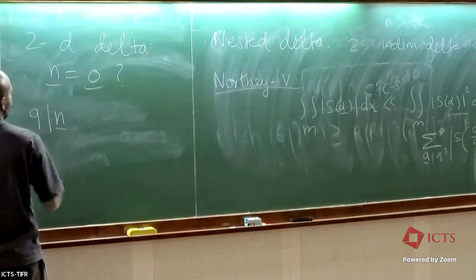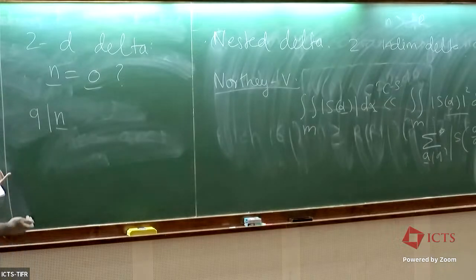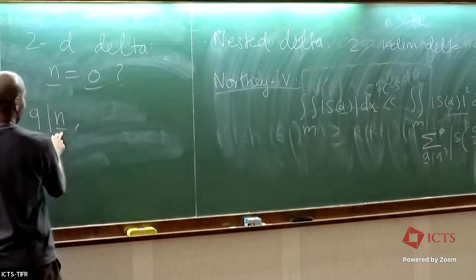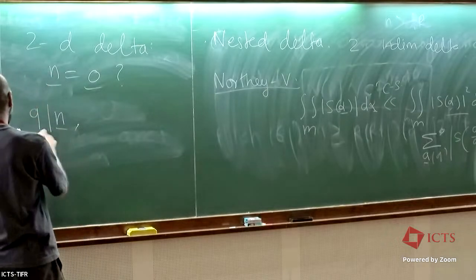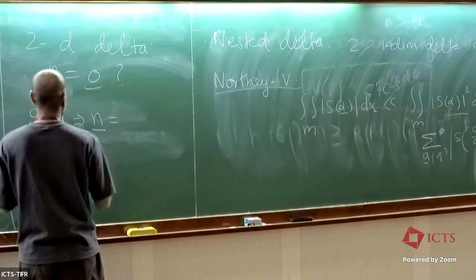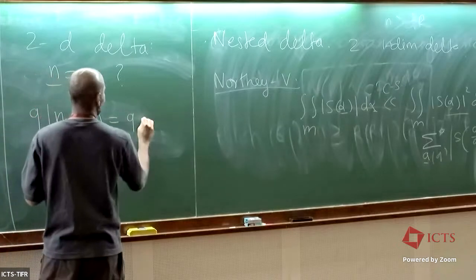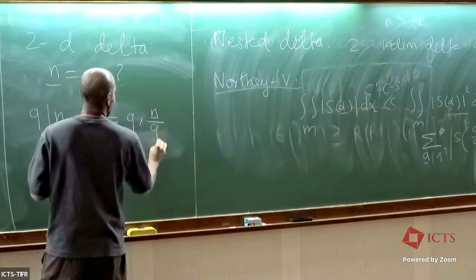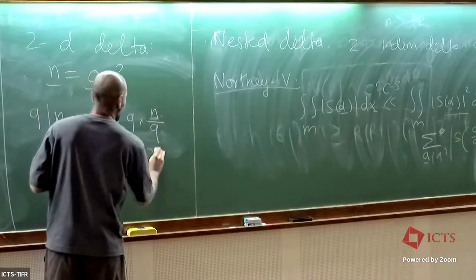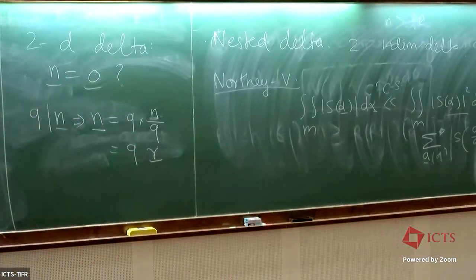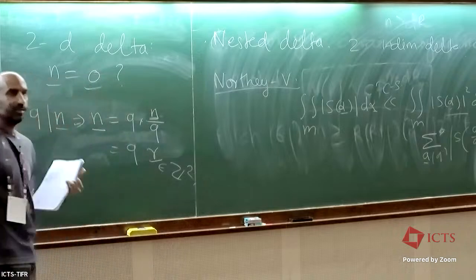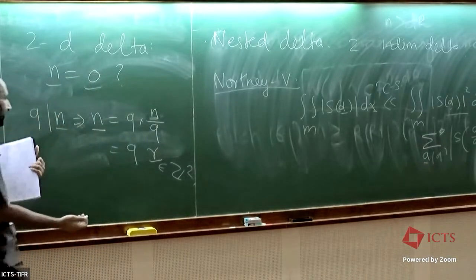So again, we are looking at, on one hand, all integers dividing n. Okay, so if I have an integer vector n, I can look at all integers dividing n. What does this mean? This means that my n can be written as q times n over q, and that is also an integer vector. So I have this decomposition of type n equals q times r, where this r is also an integer vector. Okay, so this is my dual divisor in some sense.